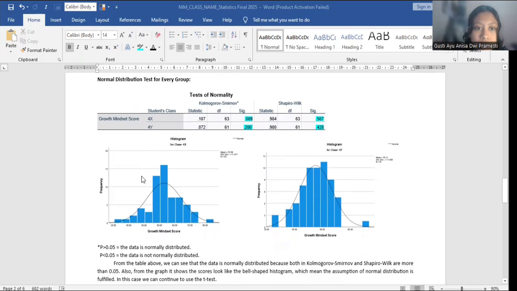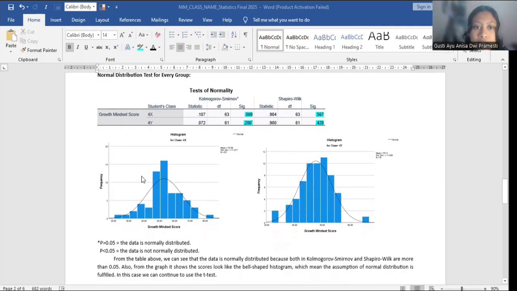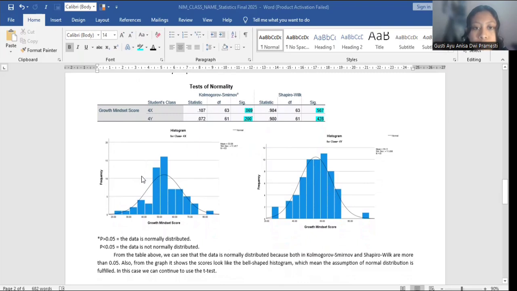In this table, we can see that the p-values in both Kolmogorov-Smirnov and Shapiro-Wilk are more than 0.05. So the data is normally distributed. Also, from the graph, the scores look like a bell-shaped histogram, which means the assumption of normal distribution is fulfilled.